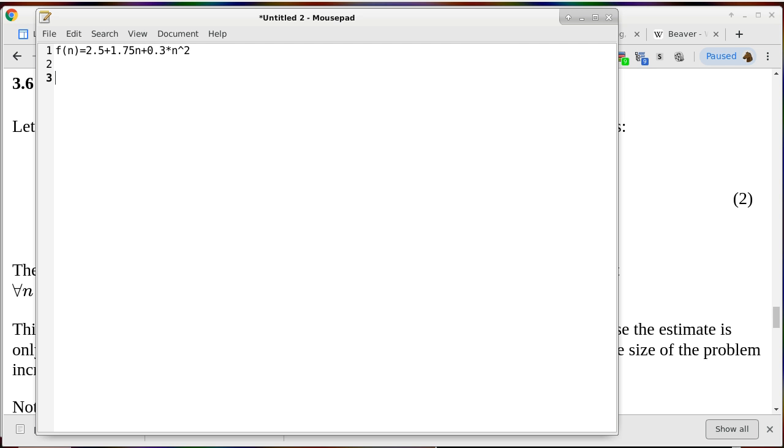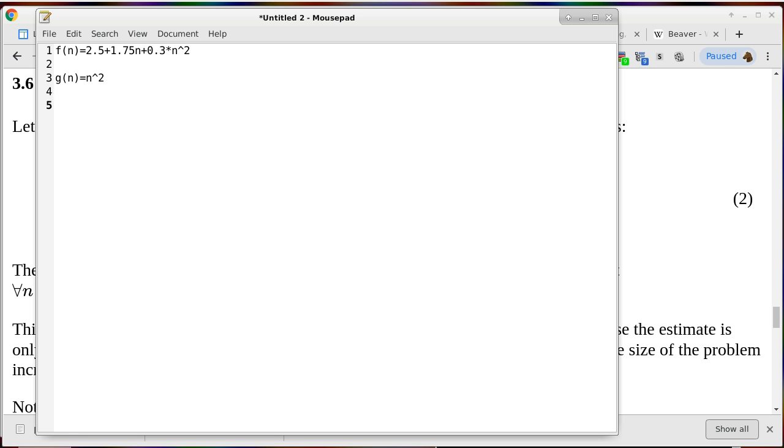So even the ratio between those constants, 2.5, 1.75, and 0.3, can shift depending on the characteristics of the computer you're using to run the bubble sort algorithm. Is that okay? So that makes comparison a little bit challenging. So the big question is, can we simplify this to something that's a lot easier to look at so that we can compare between algorithms? The proposal is, let's see if I can make g of n just n squared.